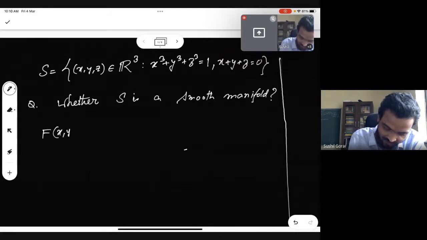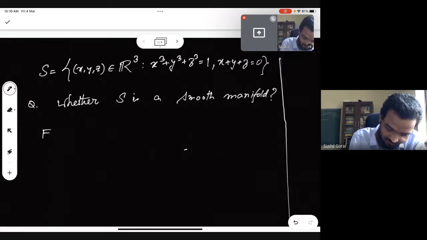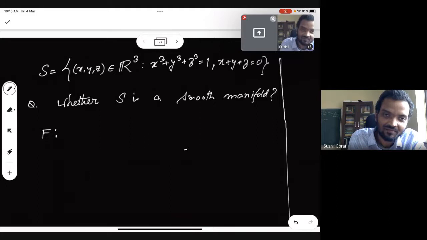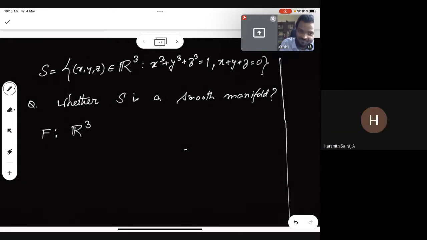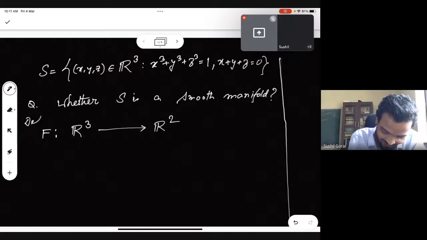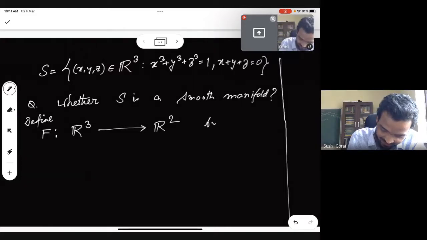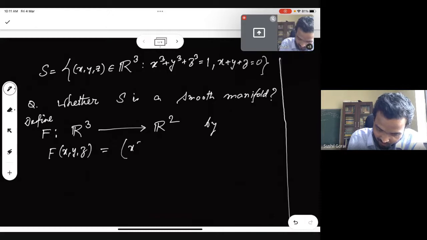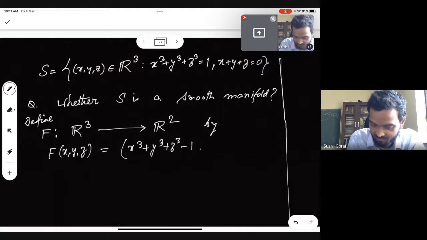F from R3 to R2. Define f(x, y, z) to be x cube plus y cube plus z cube, you can take minus 1 if you need, and x plus y plus z.